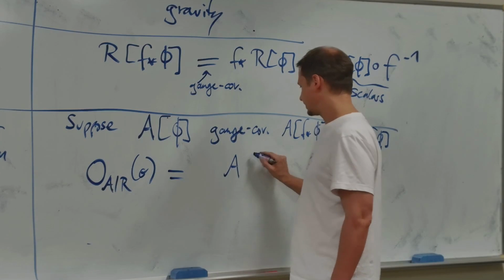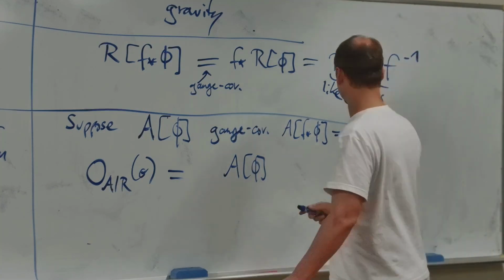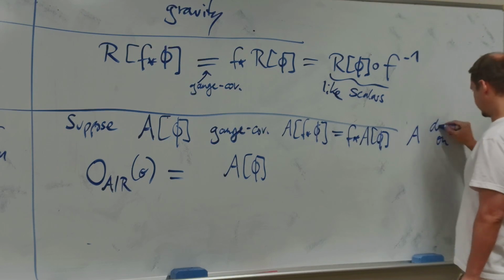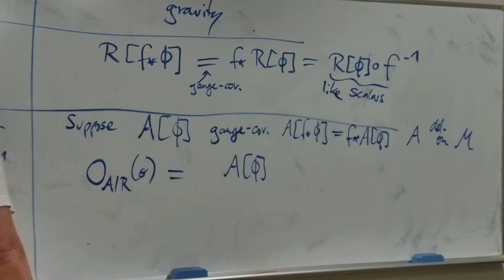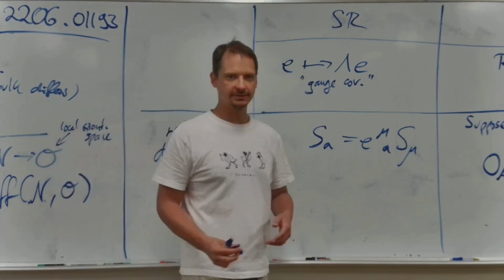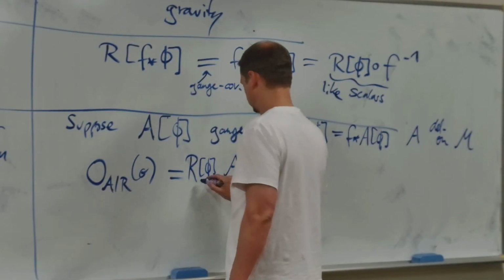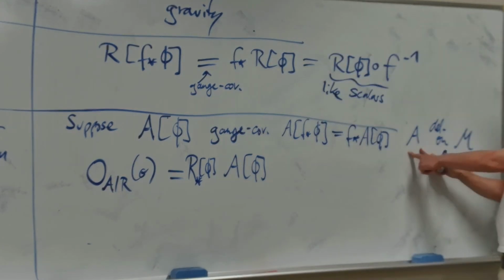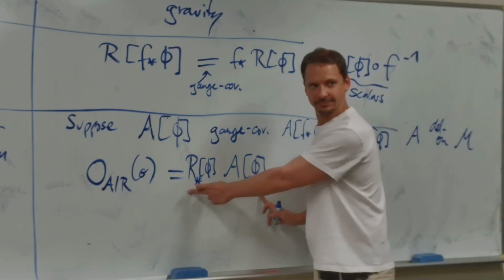We take that A of phi, which is defined on M, so for instance a tensor field on M. And now we just do the analogous thing: we use the frame to push it forward to the orientation space. So this was a tensor field on M, but this is now going to be a tensor field on O.